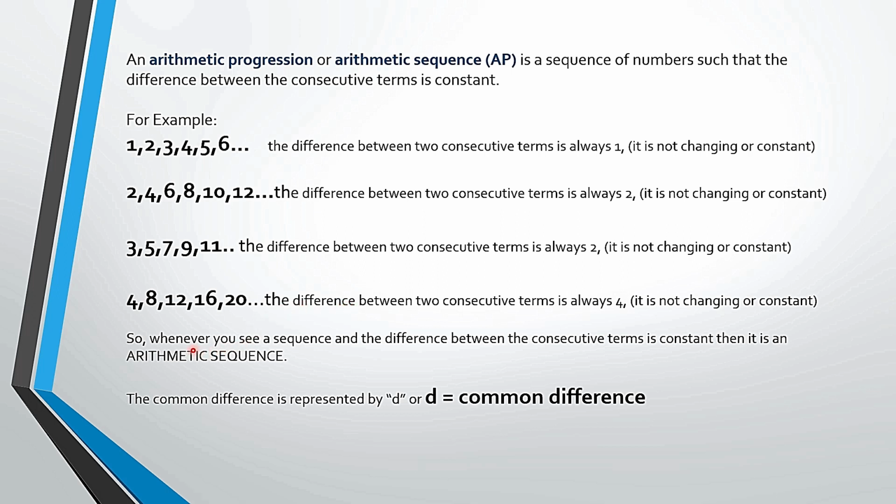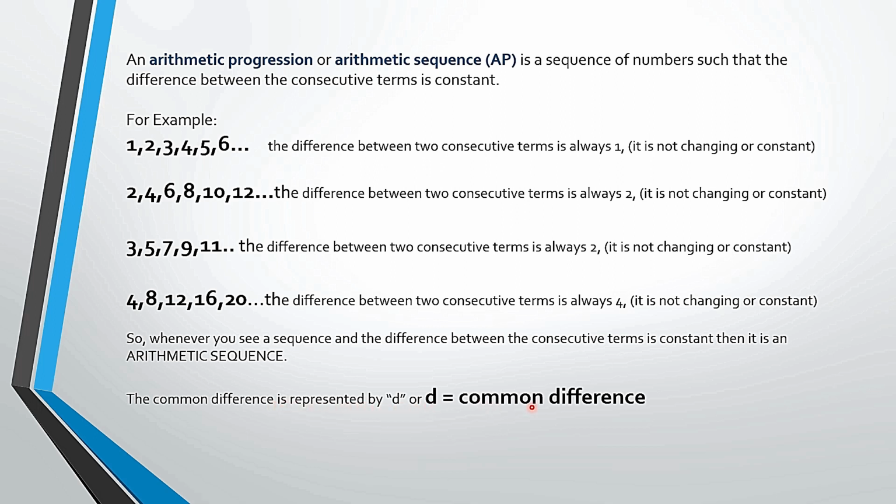So therefore, whenever you see a sequence and the difference between the consecutive terms is constant, then it is an arithmetic sequence. The common difference is represented by small letter d.